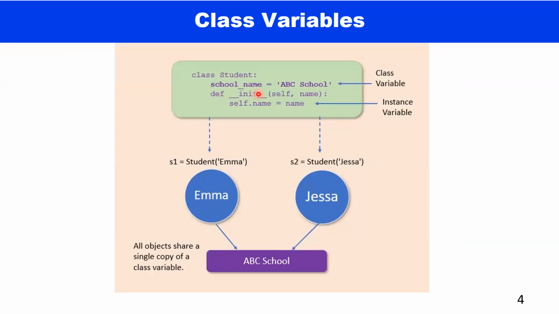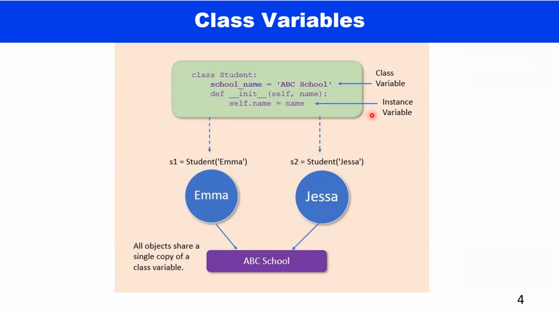Here we are using a variable called school_name, which is initialized to ABC school. So here school_name is called the class variable. No matter how many objects you create, all these objects are going to have the same value, ABC school, for school_name.